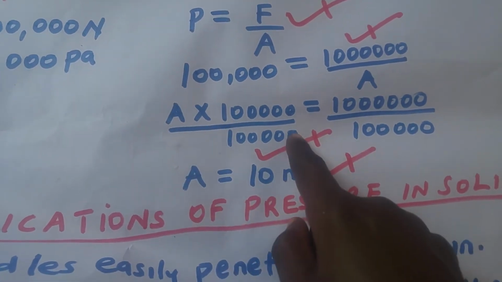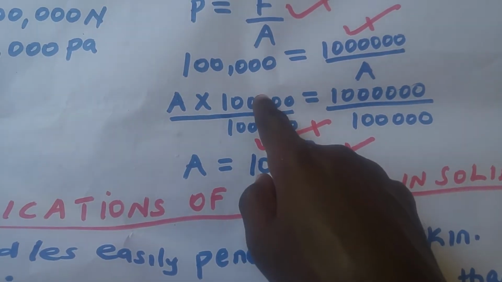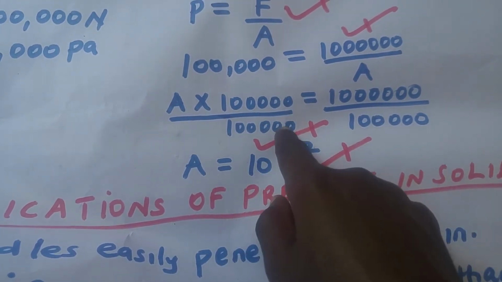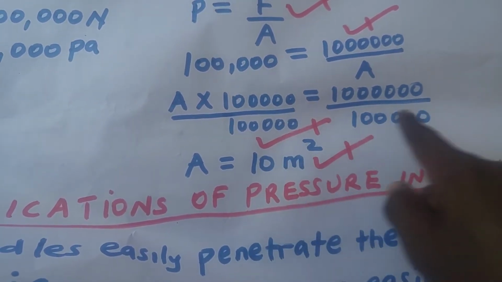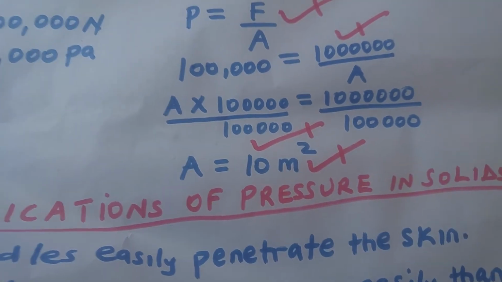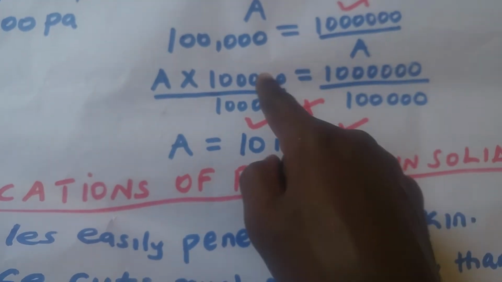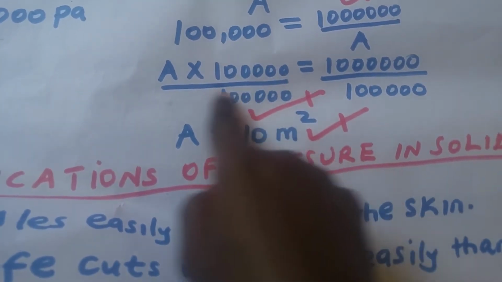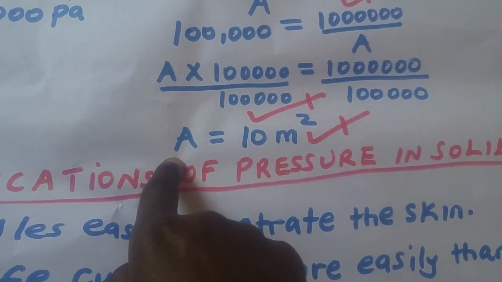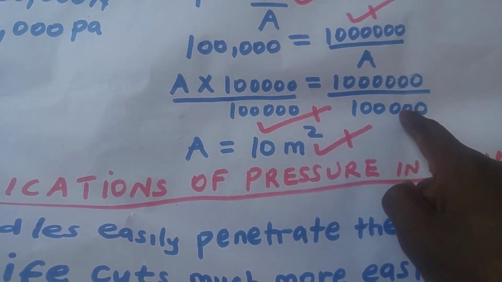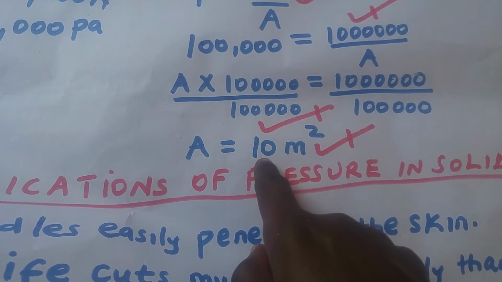You divide both sides by 100,000 so that this cancels. Mathematics says when you divide this side by 100,000, you also divide the other side by 100,000. So this 100,000 will cancel this one. You remain here with the A, which is our area. Then when you divide 1 million by 100,000, the zeros cancel, your answer will remain 10.